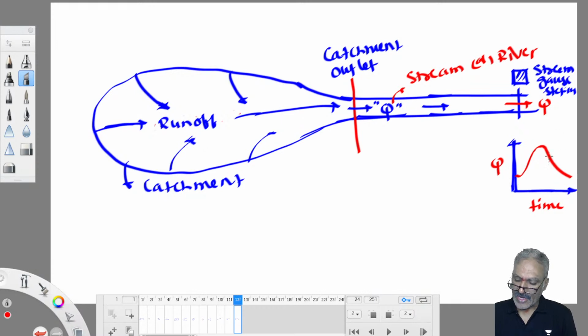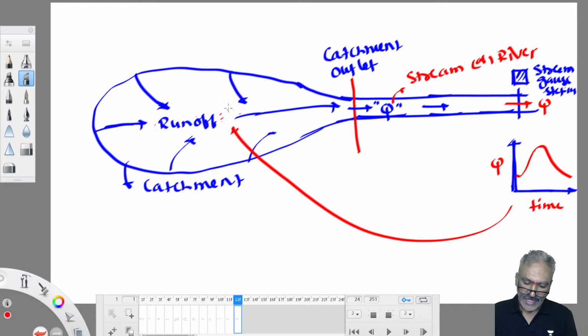So by using this, we try to arrive at this runoff component. We try to find out this runoff. Using this hydrograph, we try to find out how much runoff the catchment delivered. This hydrograph is also known as a plot of the time distribution of runoff. So it is an output produced by the catchment for a given input rainfall.